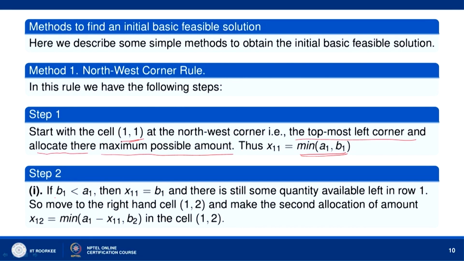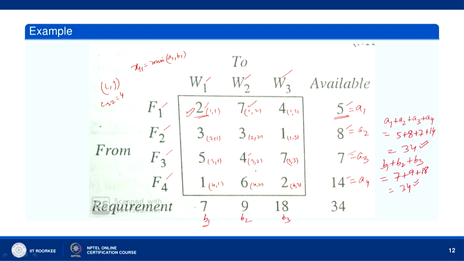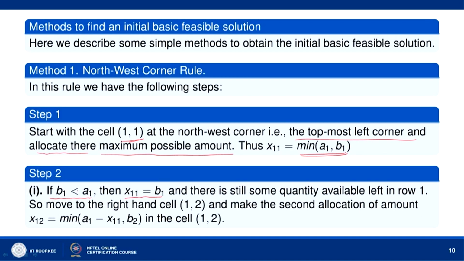Now, if B1 is less than A1, then the minimum of A1 and B1 will be B1. So, x11 will be equal to B1, and there is still some quantity left. In this problem, you can see B1 is greater than A1. But if B1 is less than A1, then some quantity will be left in row 1. Why?